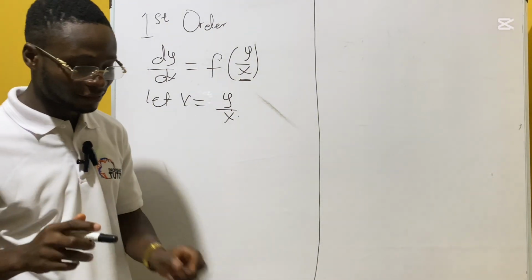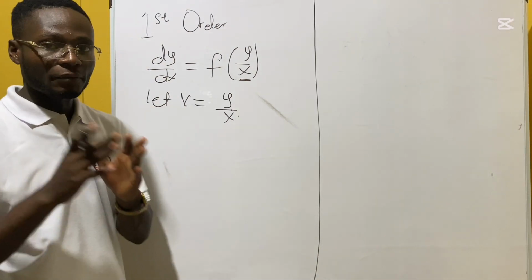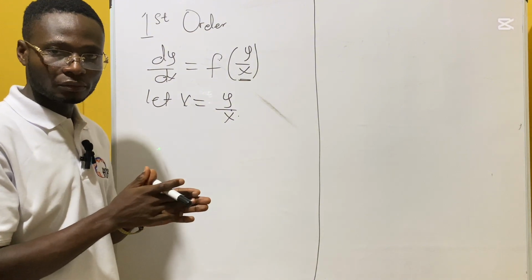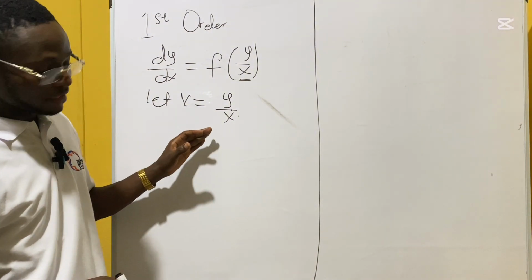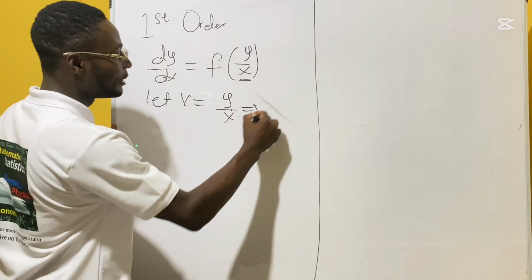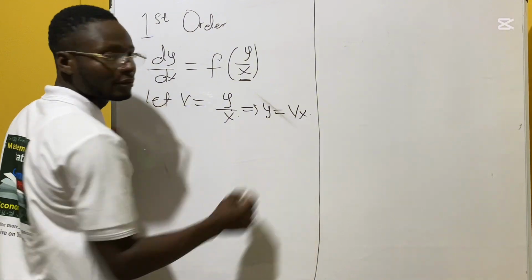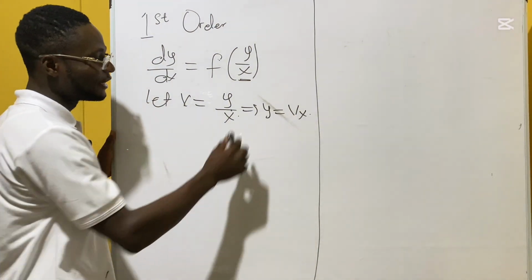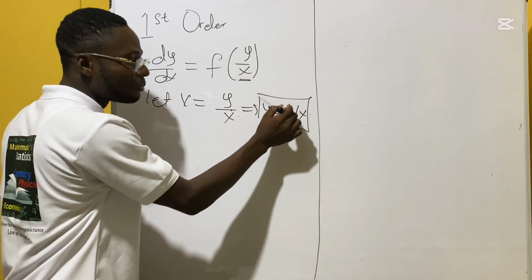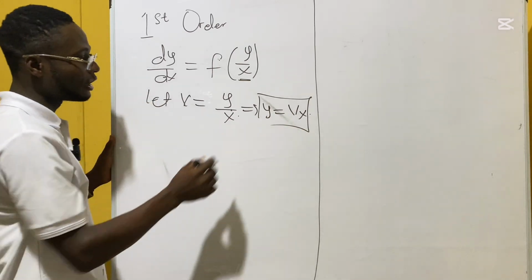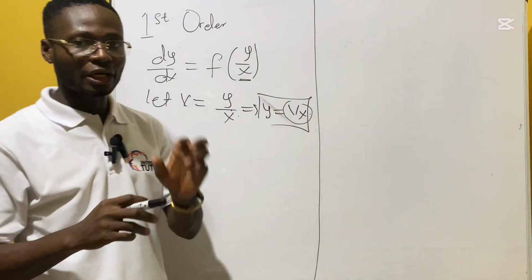That is the first thing you have to do to transform the function from homogeneous to separable for easy integration. Once you have it, this implies that y is equal to vx. Wherever we see y, we can replace it with vx. This also means we have two functions multiplying, so we can do differentiation by the product rule.